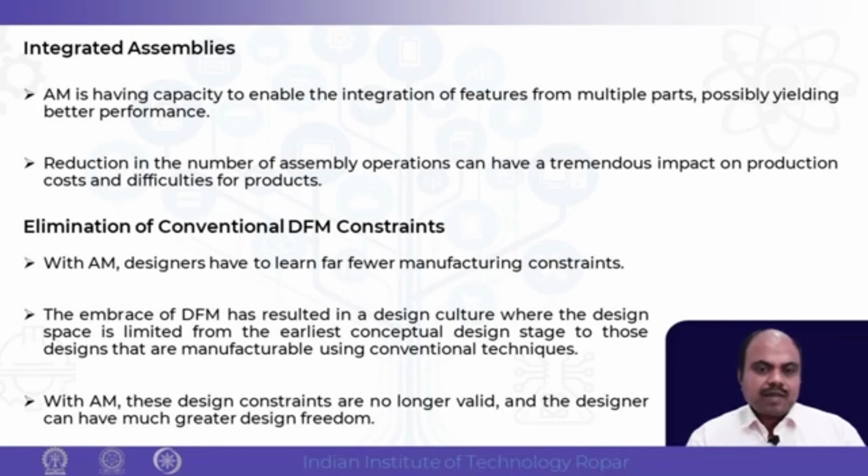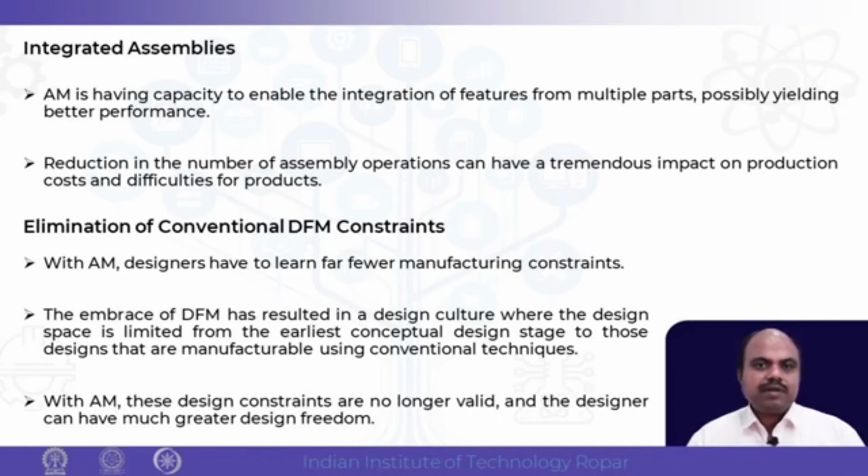Then the design culture, where the space is limited, people have been thinking in a different direction now. So the design constraints which were there, especially due to manufacturing, are gone. Now the designers have a lot of freedom to make complicated shaped parts without affecting the cost of the product.